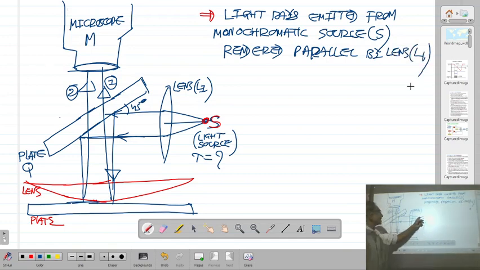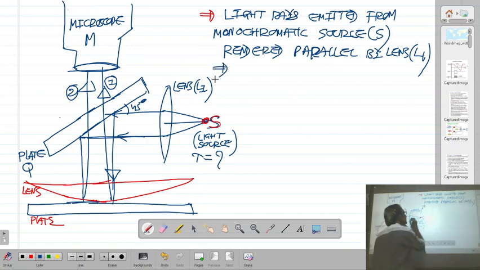So the rays of light emitted from monochromatic light sources will become parallel by the lens, and these parallel rays are incident on glass plate Q inclined at 45 degrees.